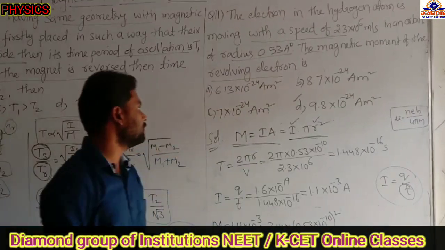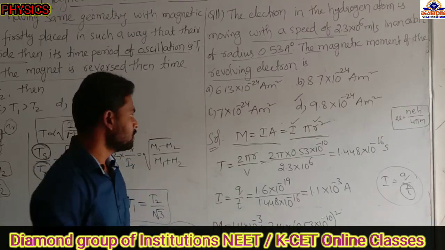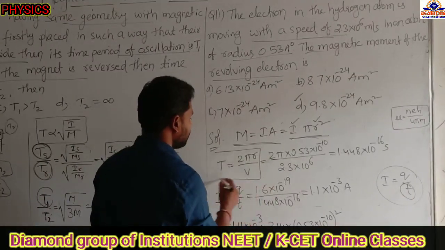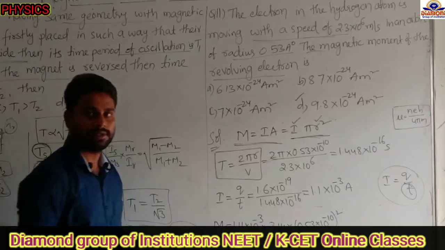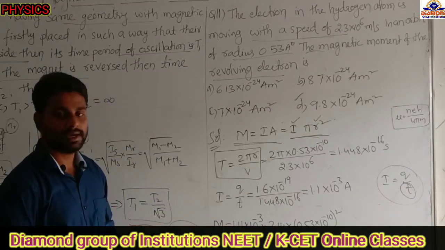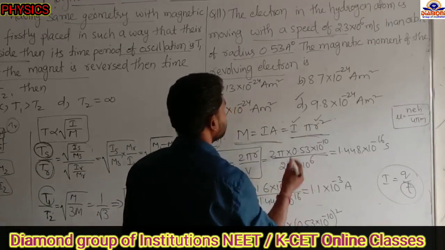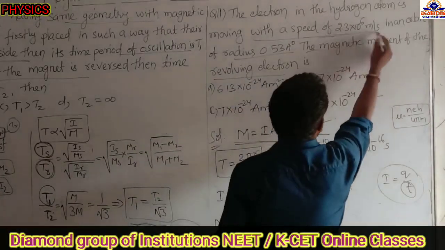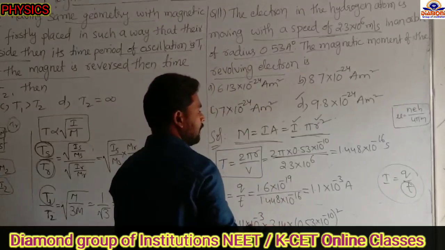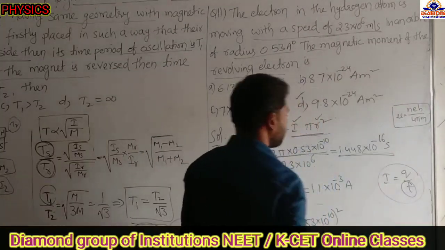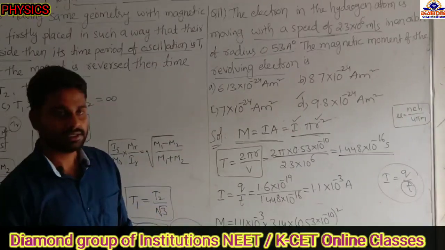The electron is revolving in a circular path, so the time period is the circumference of the circular path divided by the speed of the electron, so 2 pi r by v. So 2 pi into the radius, and the speed is 2.3 into 10 power 6 meter per second. After simplification we get the time period 1.448 into 10 power minus 16 seconds.